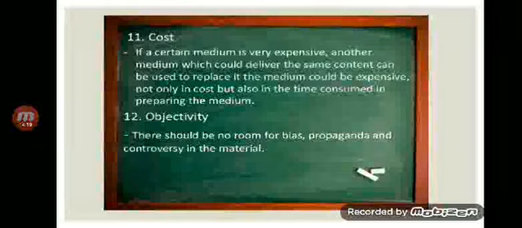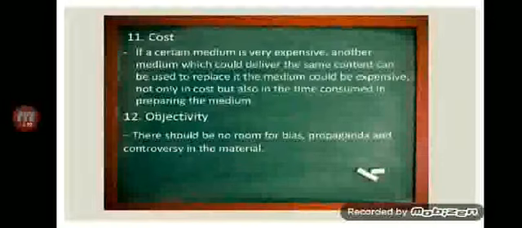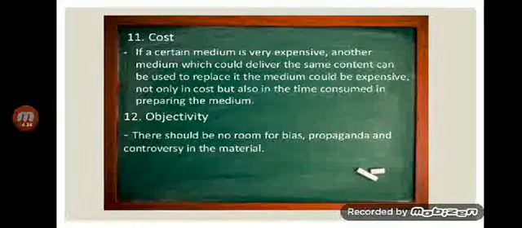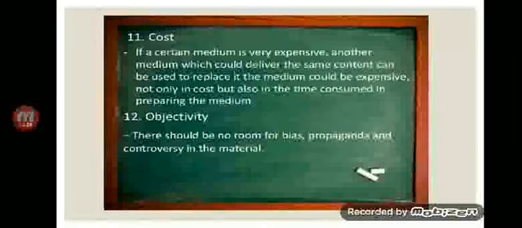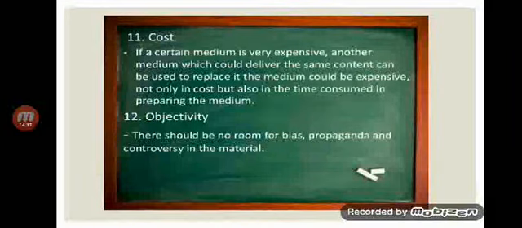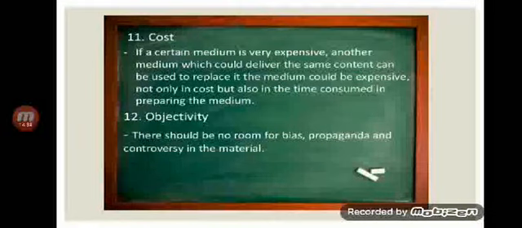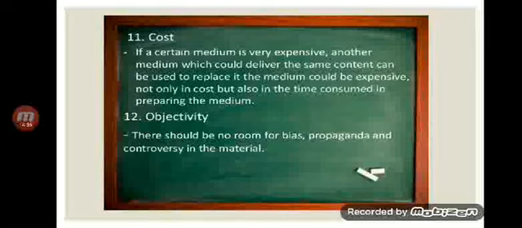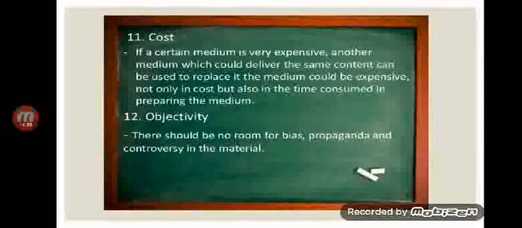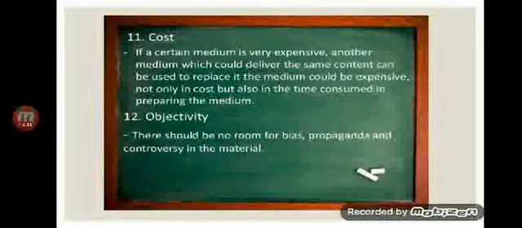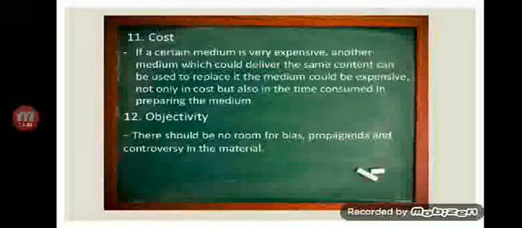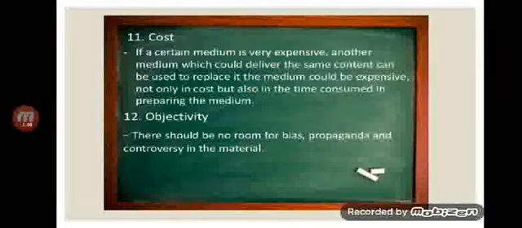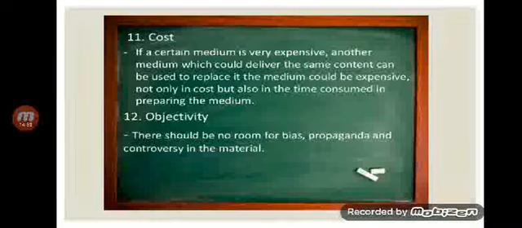And next is cost. If a certain medium is very expensive, another medium which could deliver the same content can be used to replace it. The medium could be expensive not only in cost but also in the time consumed in preparing the medium. So we should see the cost also. Okay, so there are so many expensive media, right?